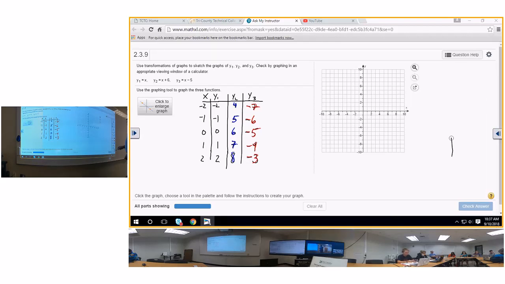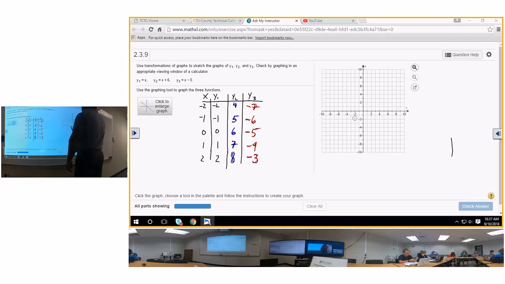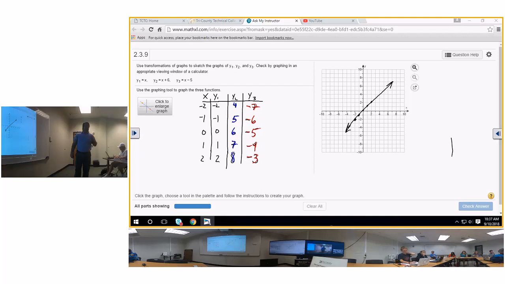Now, my basic model is the first one. -2, -2. -1, -1. 0, 0, 1, 1, 2, 2, and that's a 45 degree angle. Everybody with me? And what they're doing is they're teaching you horizontal shift, vertical shift on this problem. We already covered it, so it's not going to be that big a deal.